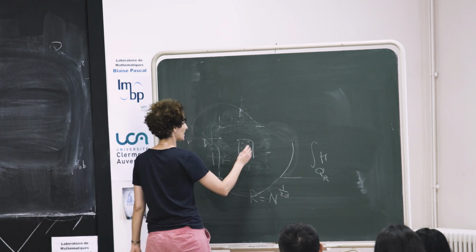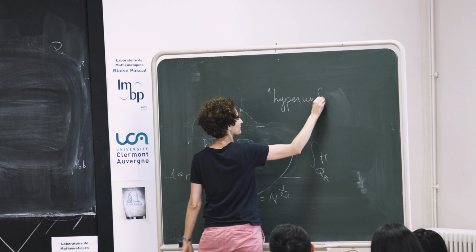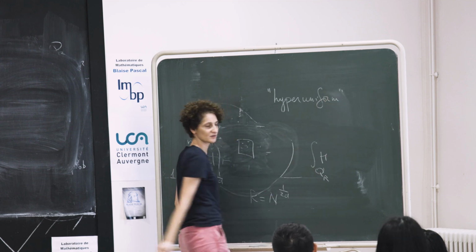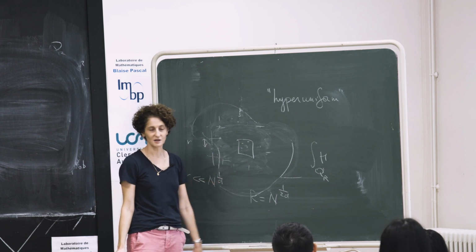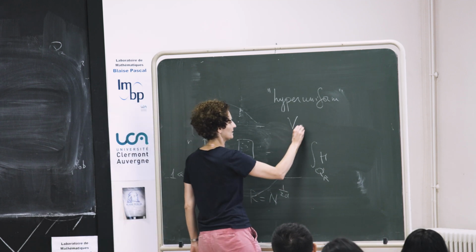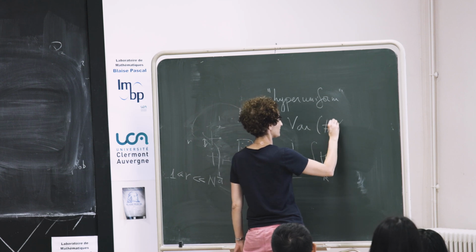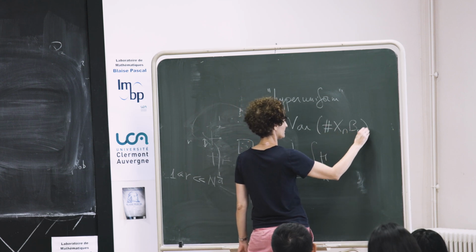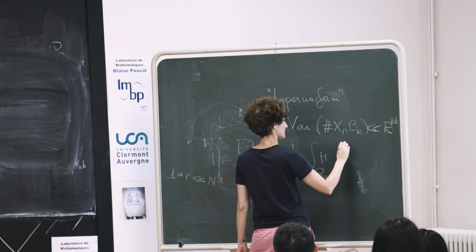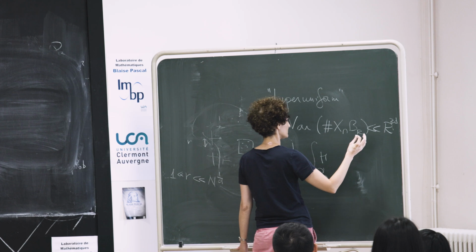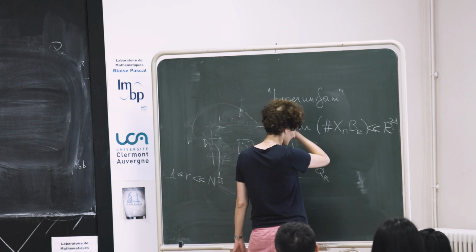In that sense, the Coulomb gas is called hyperuniform. So hyperuniformity is something that precisely measures the variance of the number of points in a box and asks whether it's less than that for a Poisson point process. Okay, so the variance of the number of points in a box is much less than r to the d or 2d, I never know. Yeah, r to the 2d.